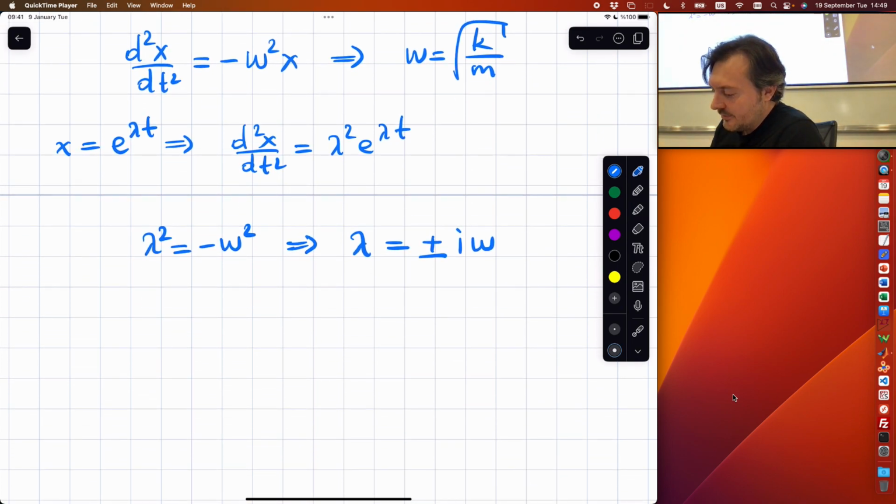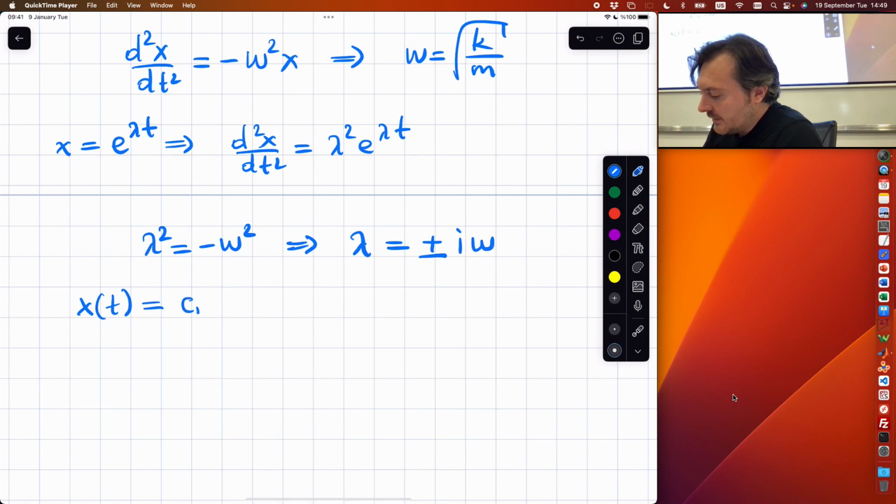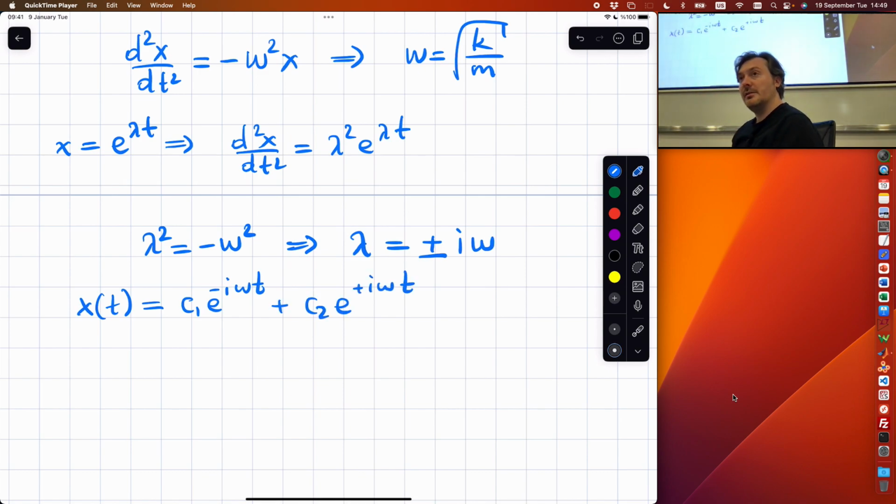So, what is the general solution? The general solution is C1 e to the minus i omega t plus C2 e to the plus i omega t. This is the general solution, and it seems like x has some complex numbers in it.